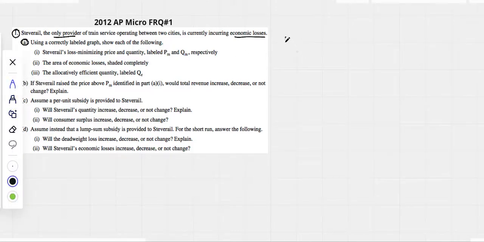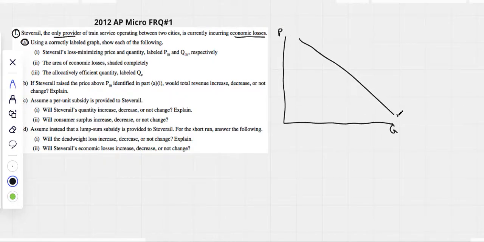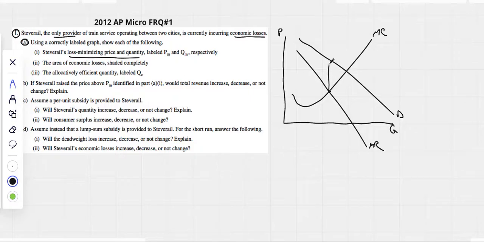Here we go. So it's a monopoly because there's only one provider. Price and quantity. Downward sloping demand curve. Marginal revenue curve. Marginal cost. It is incurring losses. The loss minimizing price and quantity would be where they're producing at profit max.